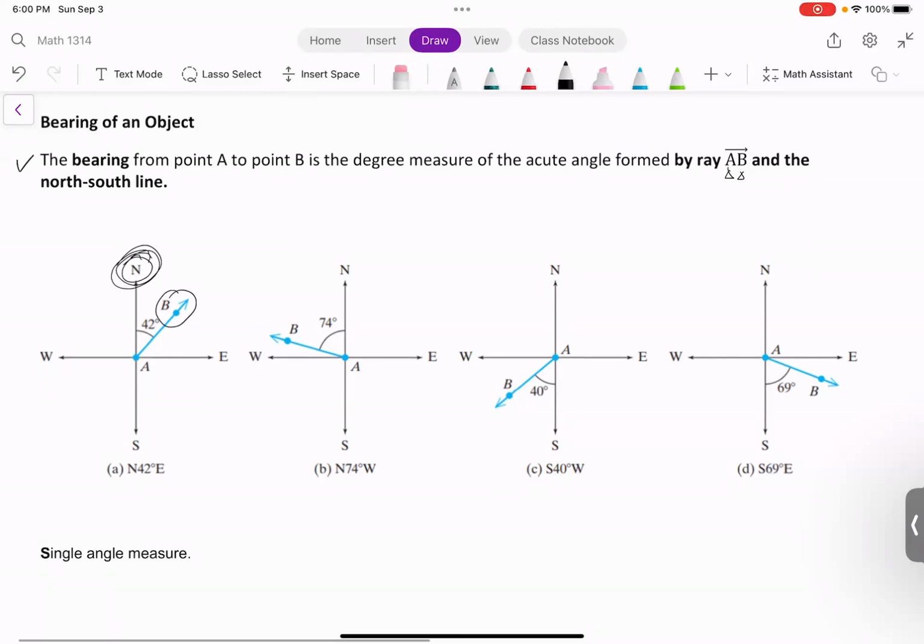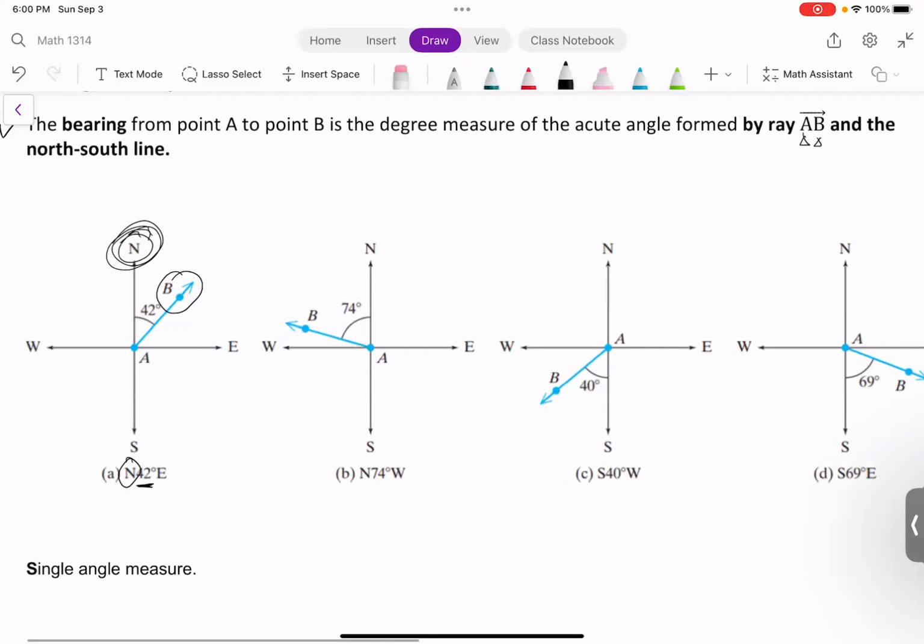That means I need to have N first and then put that acute angle 42 here. Then let's decide the next letter. That is E, because B is on the east part of the north-south line.